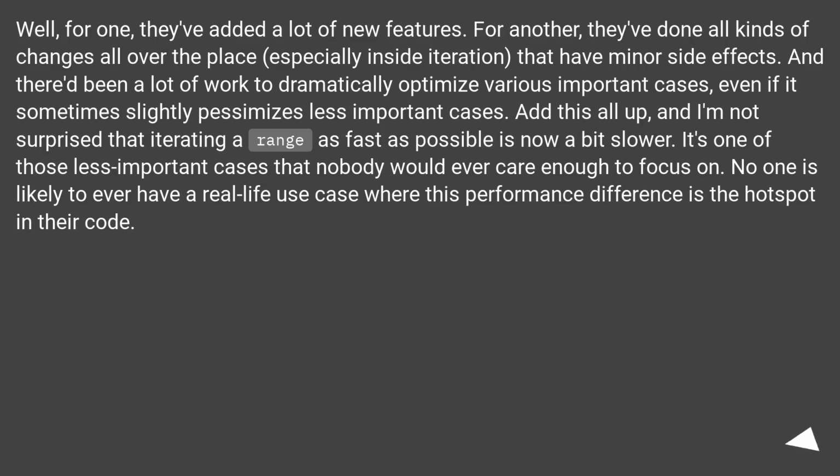And there's been a lot of work to dramatically optimize various important cases, even if it sometimes slightly pessimizes less important cases. Add this all up, and I'm not surprised that iterating a range as fast as possible is now a bit slower. It's one of those less important cases that nobody would ever care enough to focus on. No one is likely to ever have a real-life use case where this performance difference is the hotspot in their code.